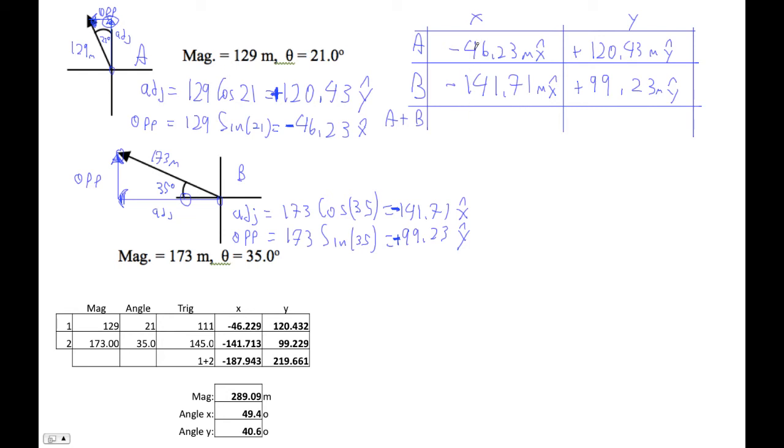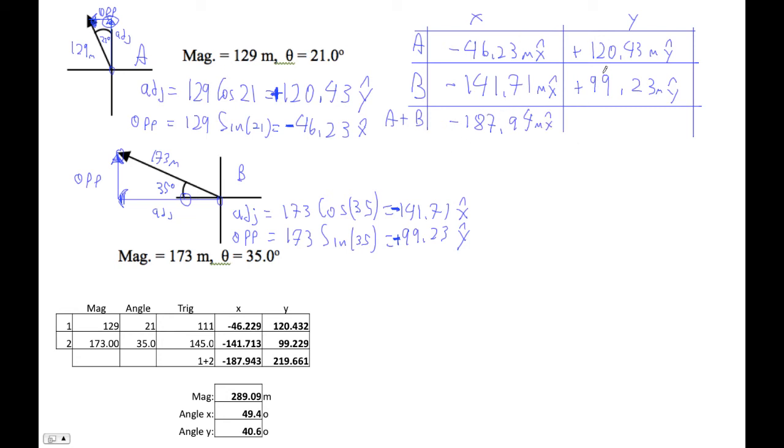Now we're going to add these guys. So 46.23 plus 141.71. Those are both negative. 187.94, negative 187.94 meters in the x direction. That's the sum, that's the x component, right?